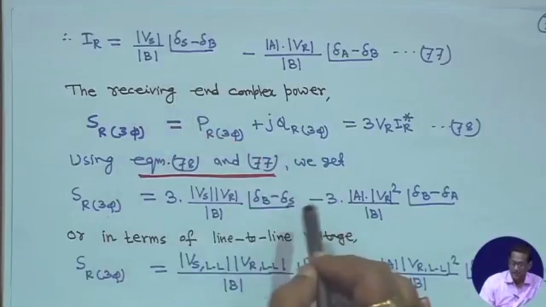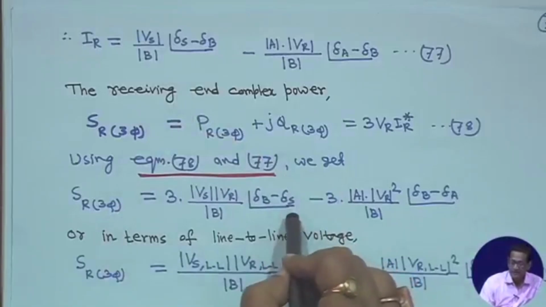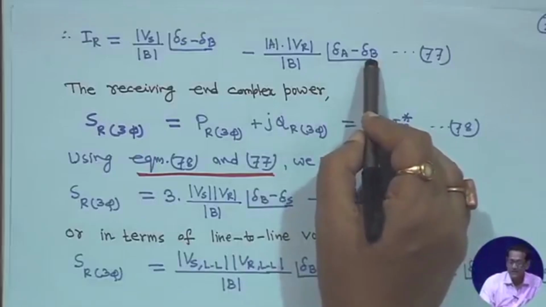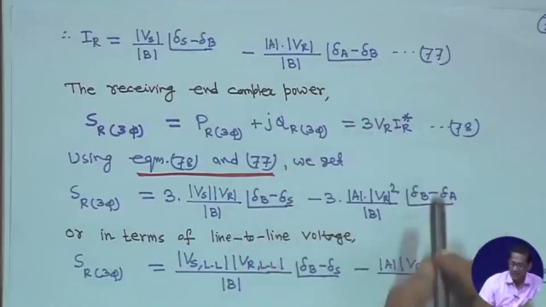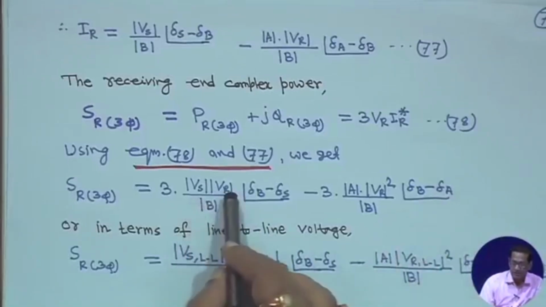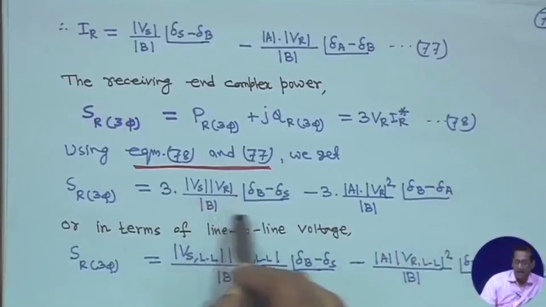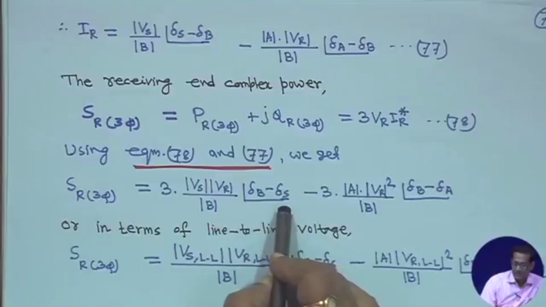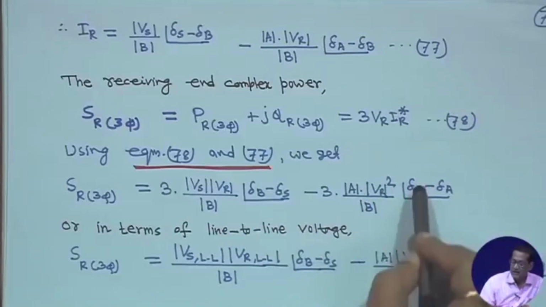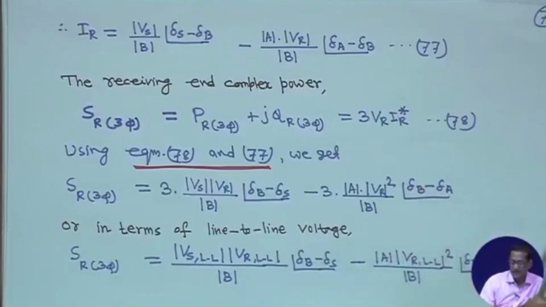For the other term also, because of the conjugate, the angle will be delta B minus delta A. So, it is 3 into mod V s mod V r upon mod B angle delta B minus delta s, minus 3 into mod A mod V r square upon mod B angle delta B minus delta A.